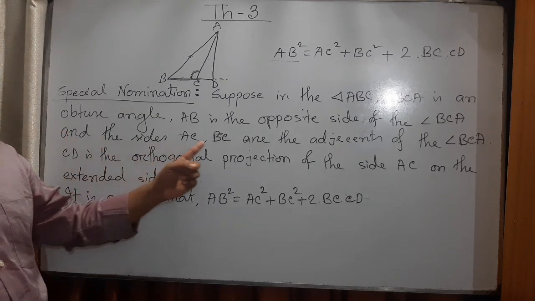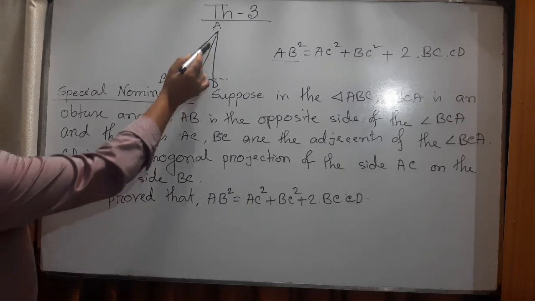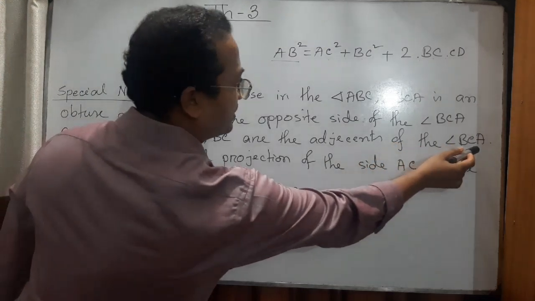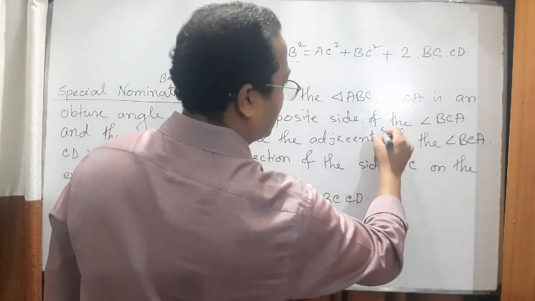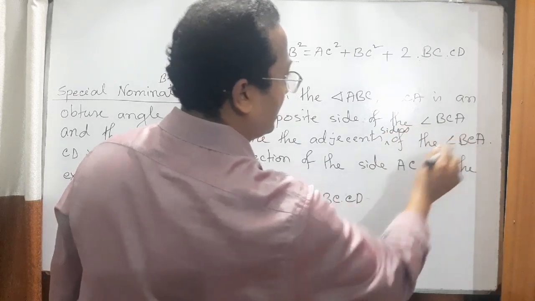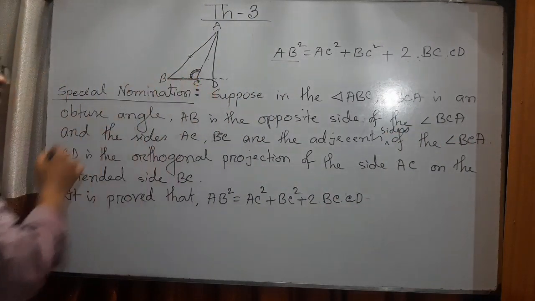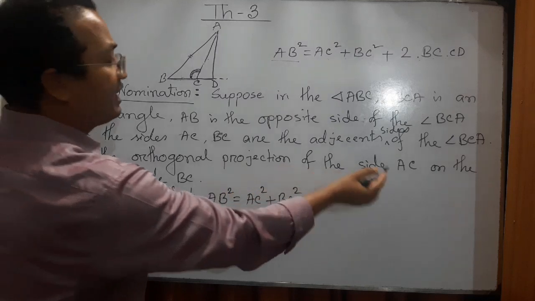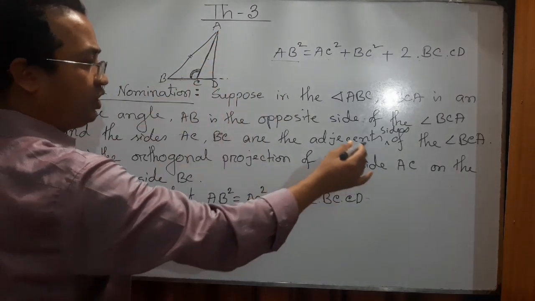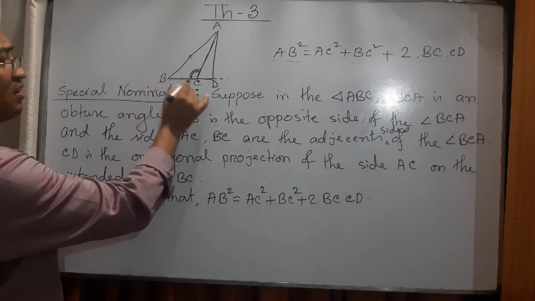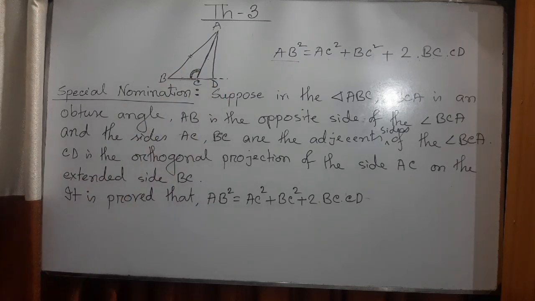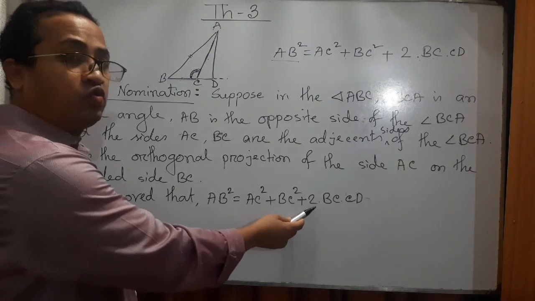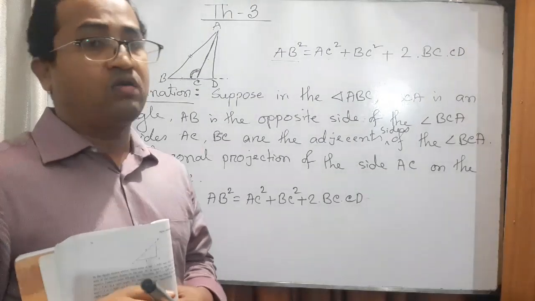And the sides AC and BC are the adjacent sides of the angle BCA, that is the obtuse angle. CD is the orthogonal projection. Look, CD is the orthogonal projection of the side AC on the extended side of BC. So it is required to prove that AB square equals AC square plus BC square plus 2 into BC into CD. Now come to the proof.